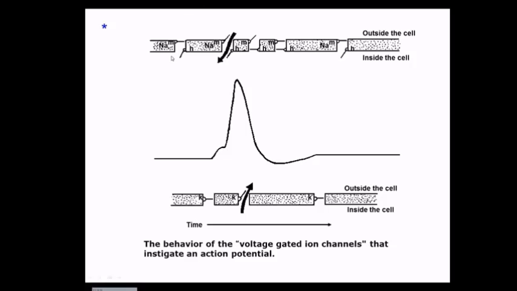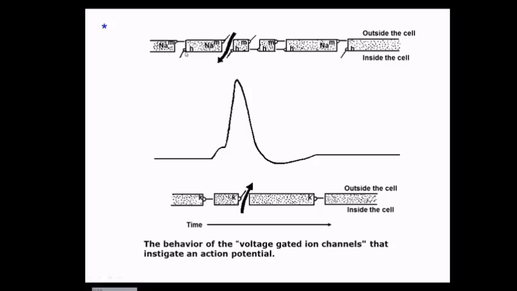So, in addition, the old neurophysiologists, to more easily describe the voltage-gated sodium channel, described it as having two gates, an M gate and an H gate. Now keep in mind, this is not the truth.